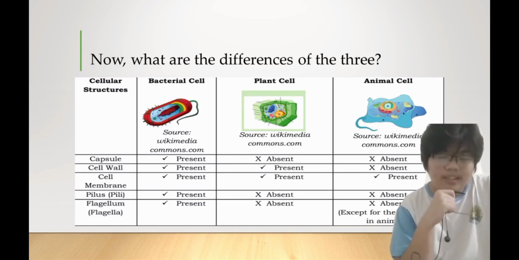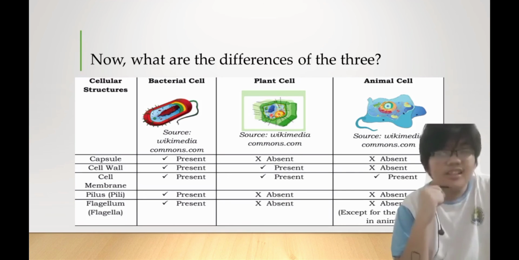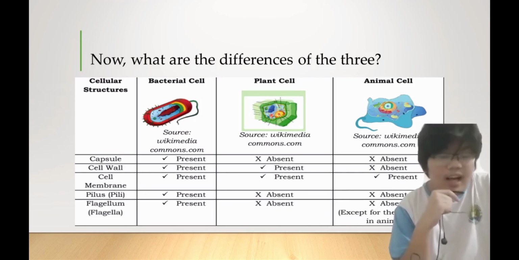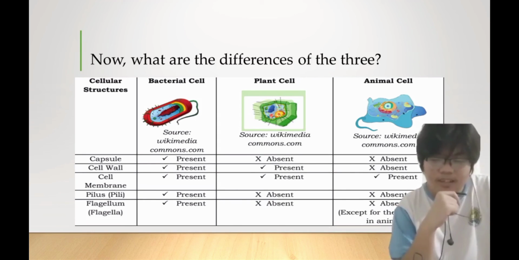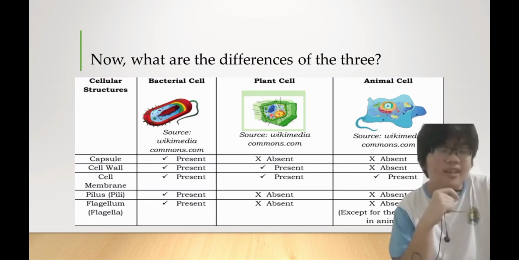The good thing about animal cells is that they have mobility because they don't have cell walls, but the problem is they lack protection. That is why animal cells are vulnerable to injuries and dehydration. Animal cells don't have flagella, except for the sperm cell, which is designed to move and to swim in order to come in contact with the egg cell during fertilization.